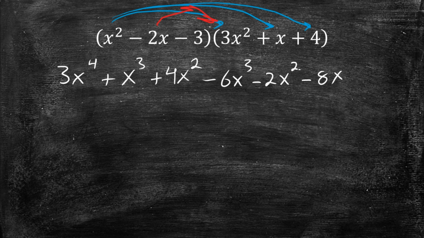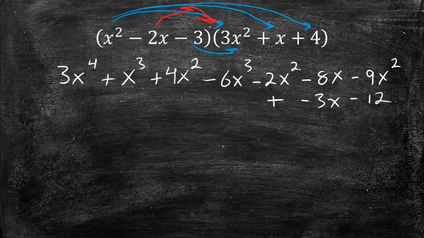And now we just have the last one, which is this negative 3 here. So we just distribute that to everything. And what we get is negative 9x squared, negative 3x, minus 12.